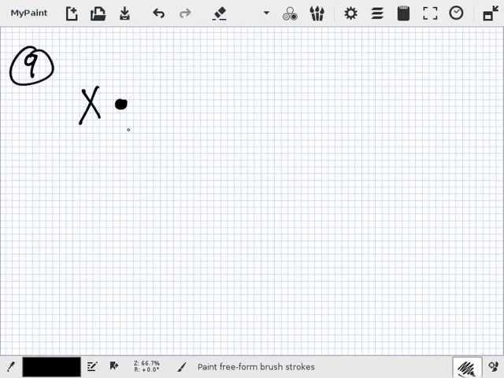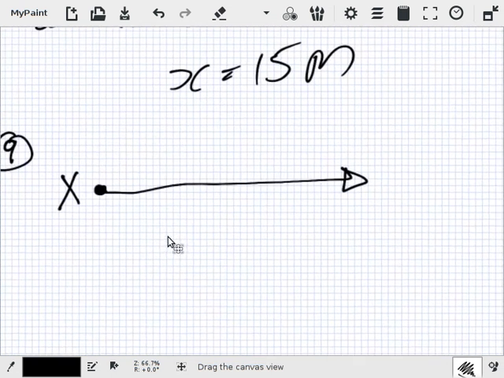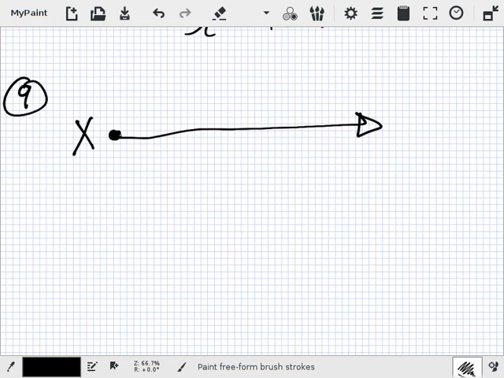A plane leaves point X heading east. Off it goes. Another plane at the same time leaves Y at the same speed. The point Y is 20 degrees north of east from X. So the Y is like over here.